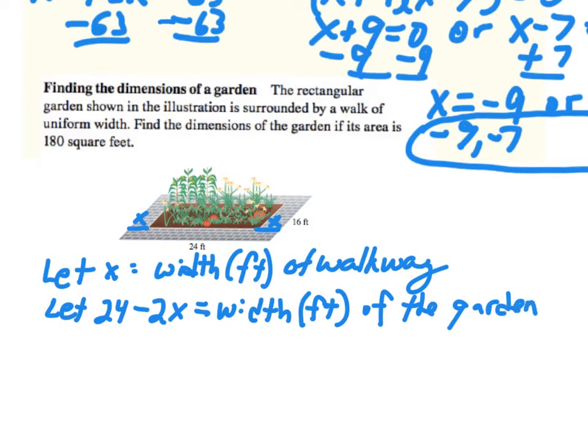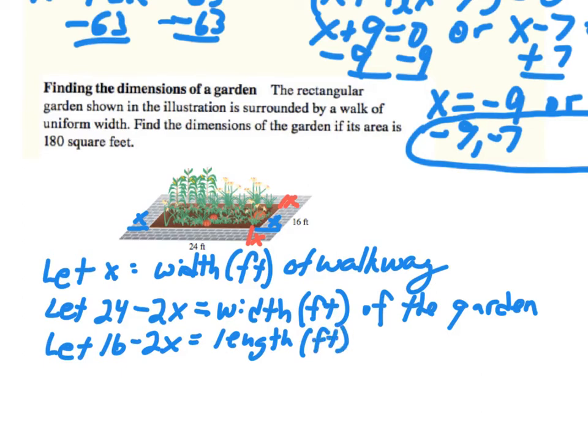And then on the other side, you have x here and x here, so you're going to subtract 2x again, this time from 16. So let 16 minus 2x equal the length in feet of the garden.